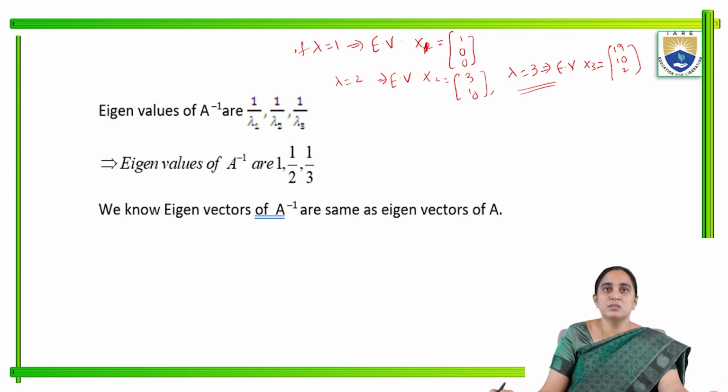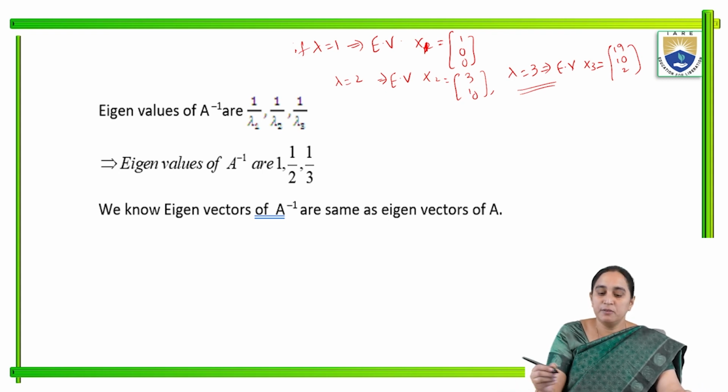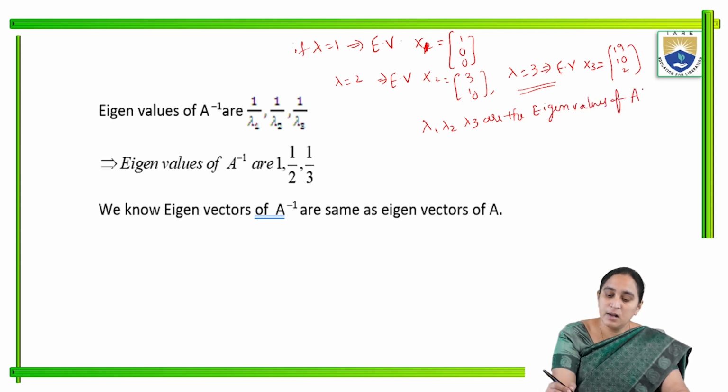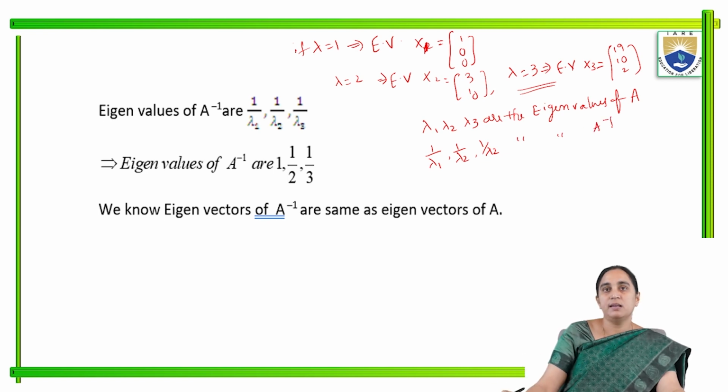In the same question, they are asking to find the eigenvalues of A inverse. From one of the properties, if lambda 1, lambda 2, lambda 3 are the eigenvalues of A, then 1 by lambda 1, 1 by lambda 2 and 1 by lambda 3 are the eigenvalues of A inverse.